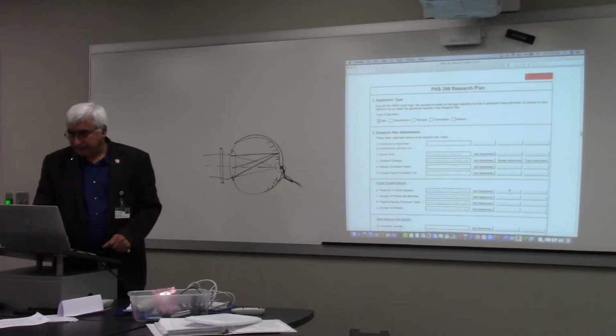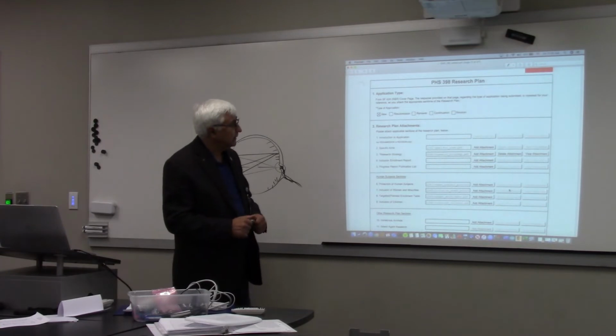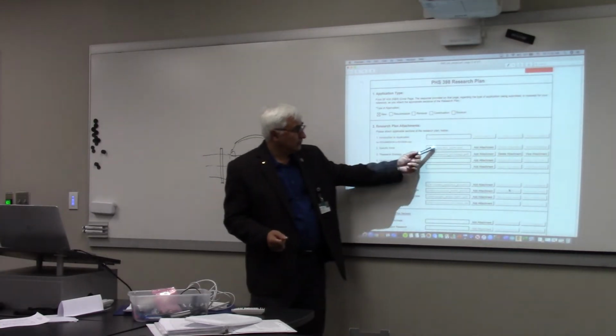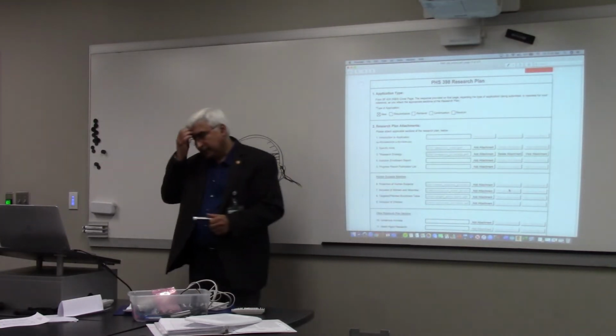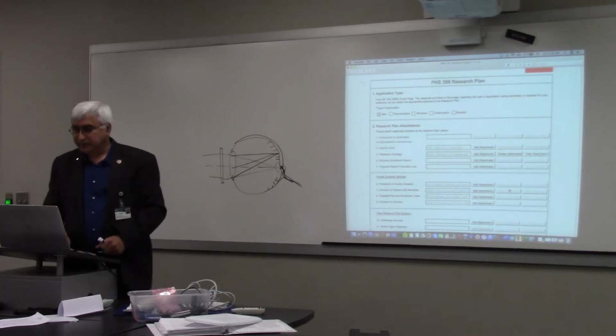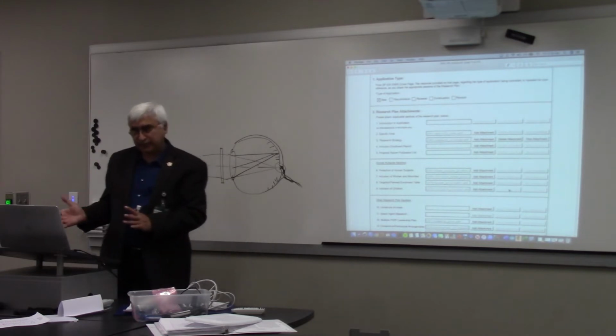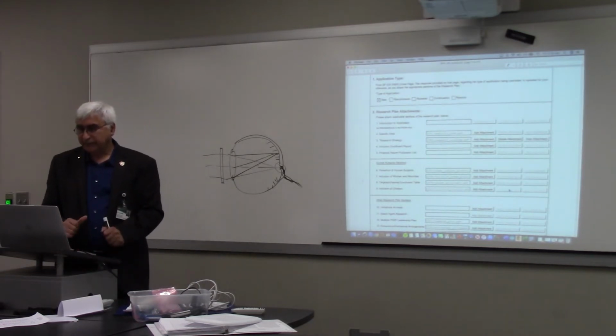So the research plan is required in every application, and then you provide all kinds of documentation. Each one is a separate document you have to upload. There are the specific aims, which we will see in a few minutes. And then you have the strategy. How do you develop your project? You have to clearly define it.